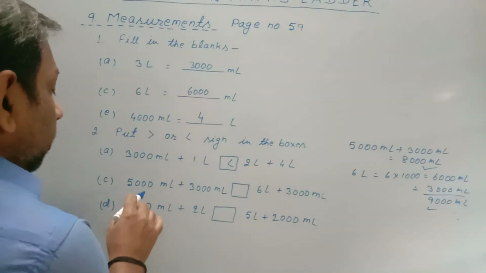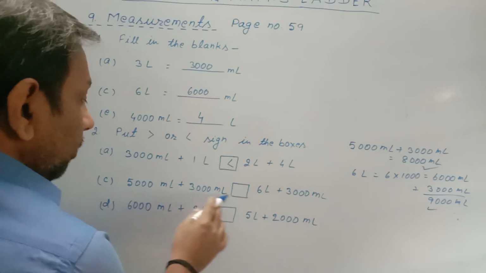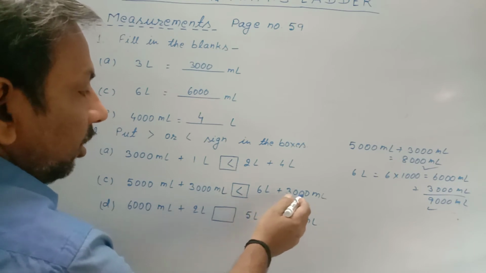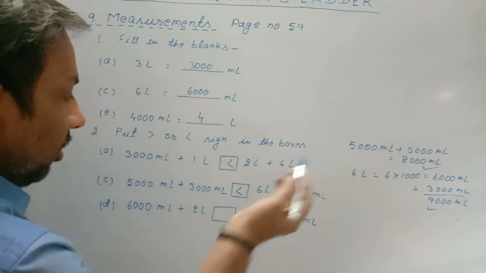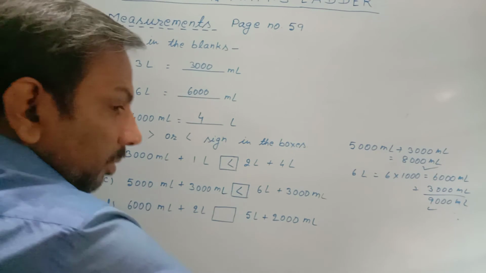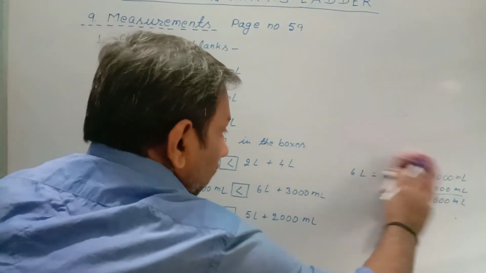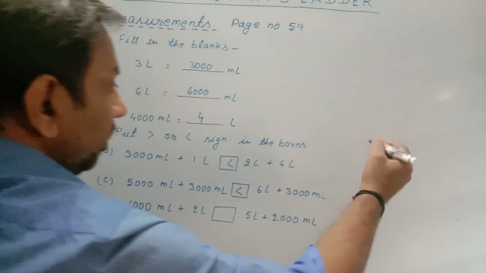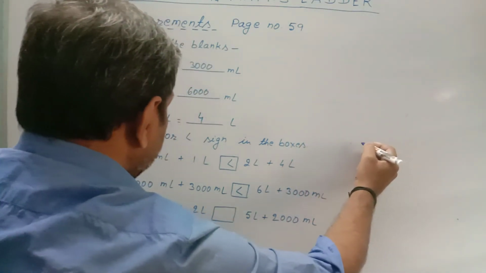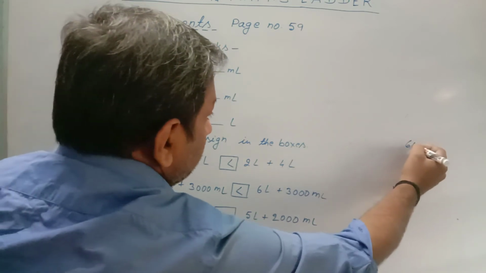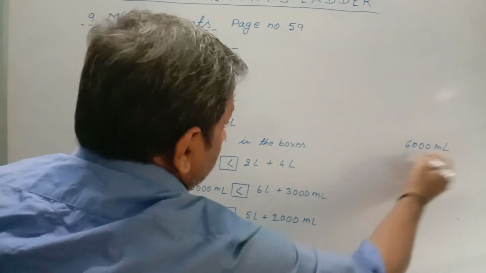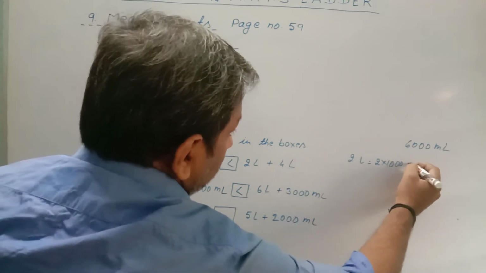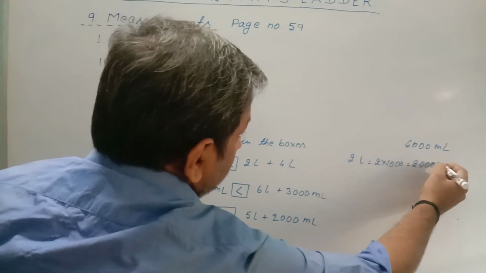Therefore 8000 is coming from this portion before the box, so this is smaller than 6 liter 3000 milliliter, that is coming as 9000 milliliter. Now question number D. In question number D, 6000 milliliter and 2 liter. So here 6000 milliliter and 2 liter will be 2 into 1000 equal to 2000 milliliter.